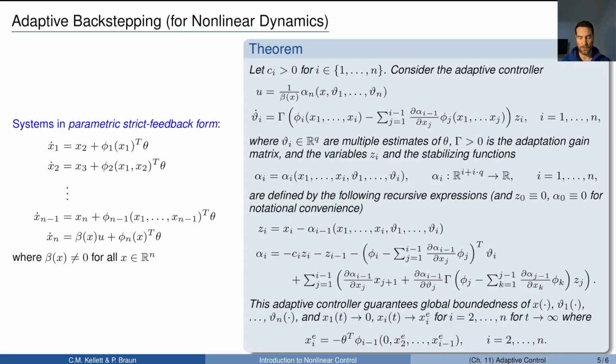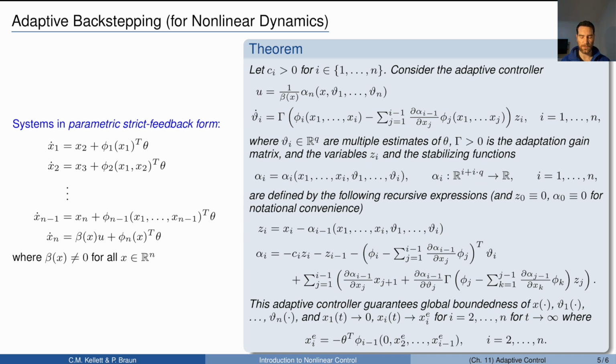We get this horrible looking theorem here, but essentially the idea is to construct the dynamics of the overall system iteratively until we end up with the last equation where we have control over the input, whereas before, we look at the virtual inputs and the corresponding dynamics to achieve certain closed loop properties.